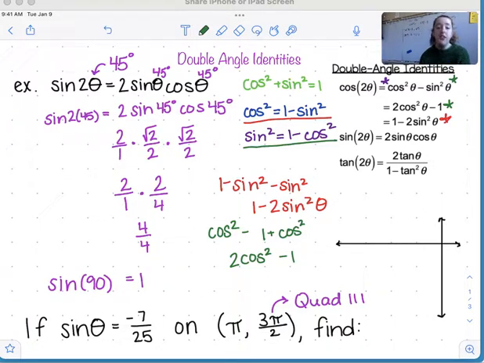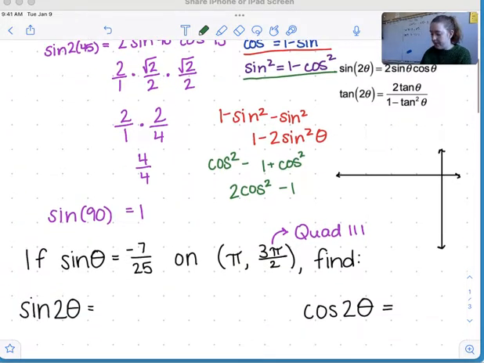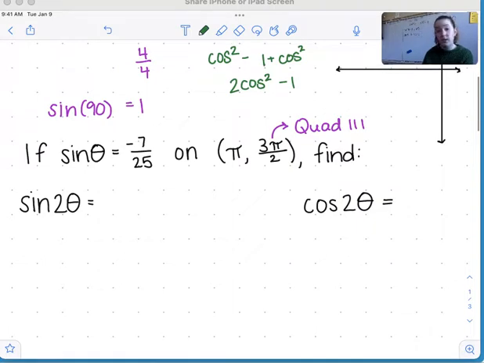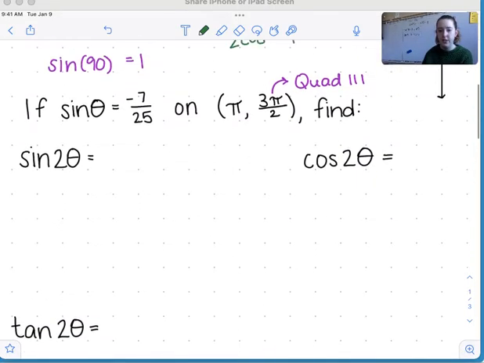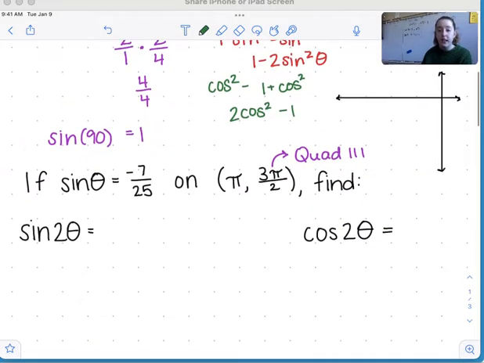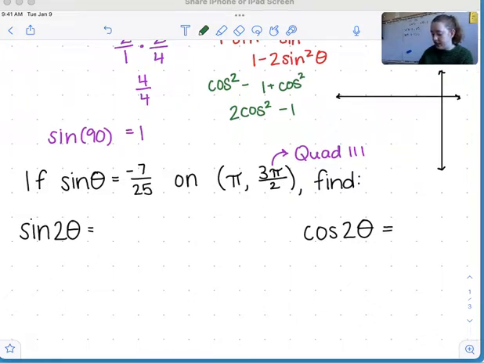Okay, so if the sine of theta is equal to negative 7/25 from pi to 3 pi over 2, that means we're in the third quadrant. We want to find sine of 2 theta, cosine of 2 theta, and tangent of 2 theta. So since we're in the third quadrant, I went ahead and drew a little graph with the third quadrant over here.